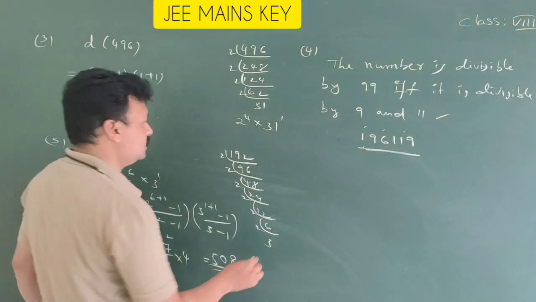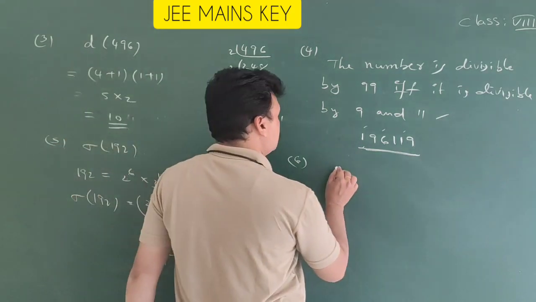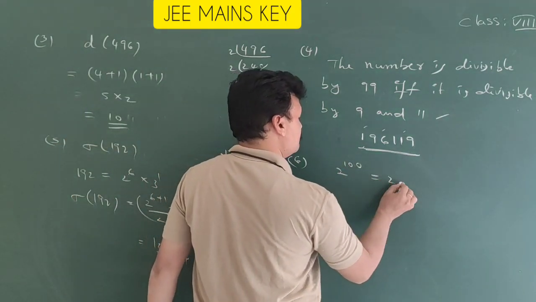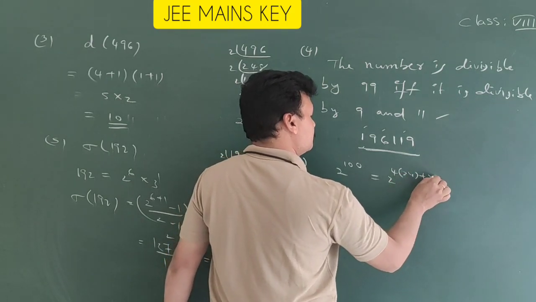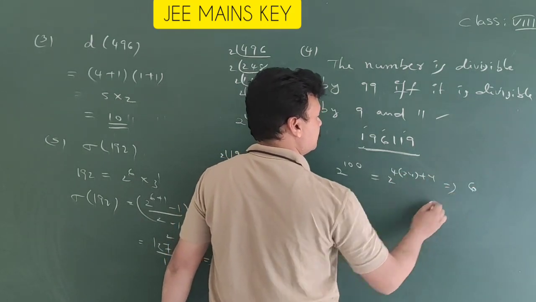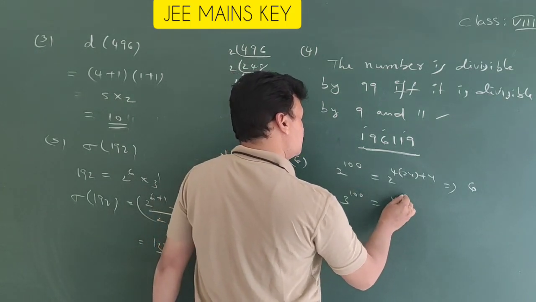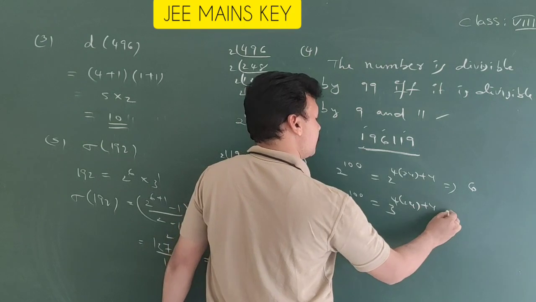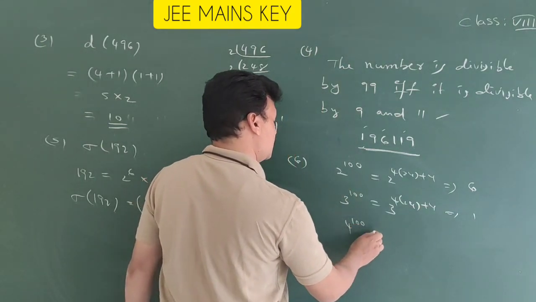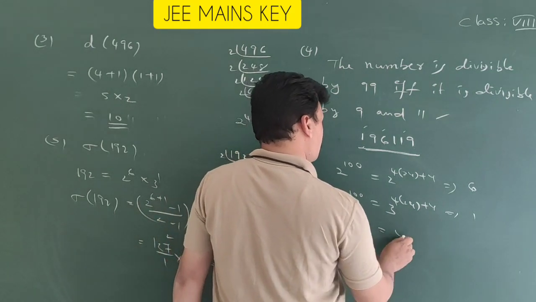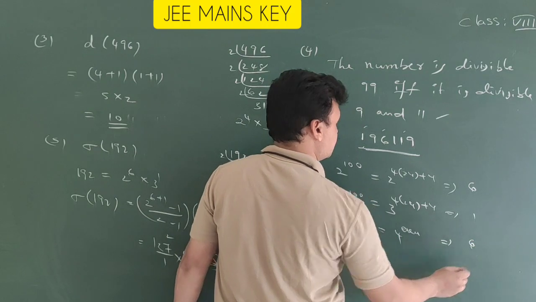Next, sixth one, the units digit of 2 power 100, which is 2 power 4 into 24 plus 4, is 6. Units digit of 3 power 100, which is 3 power 4 into 24 plus 4, is 1. 4 power 100: here 4 power even is 6.